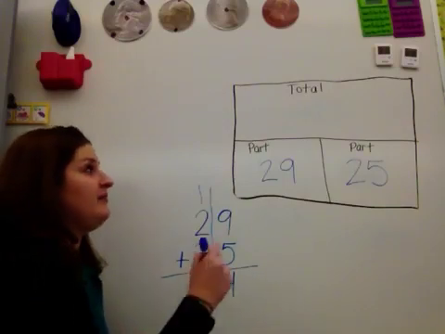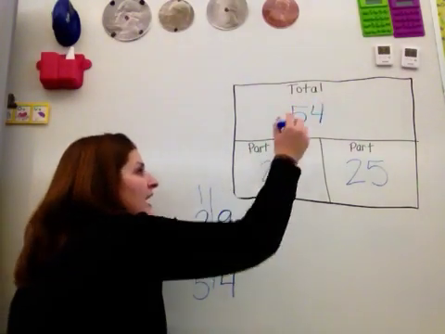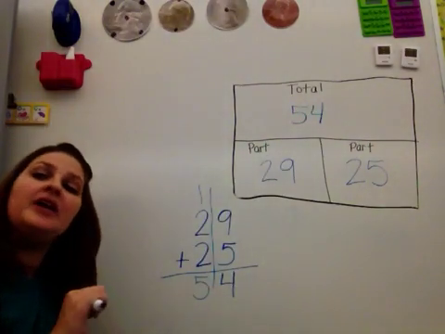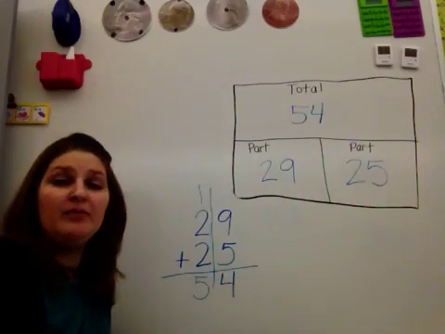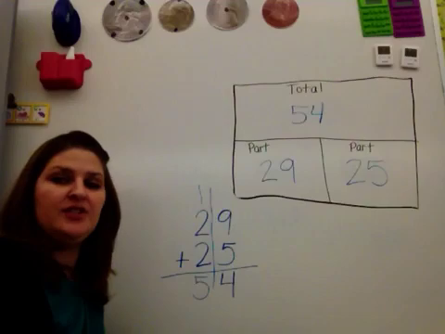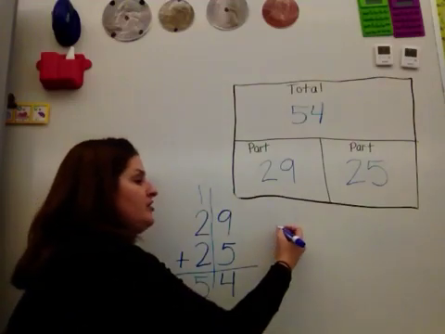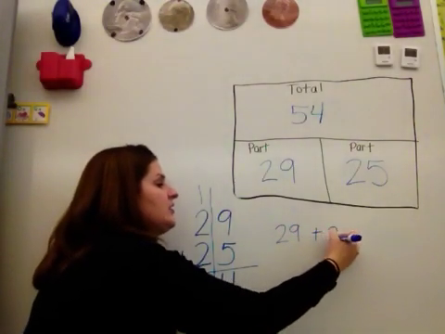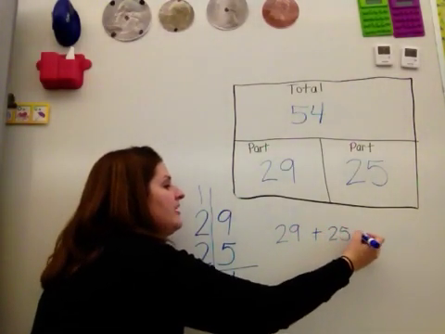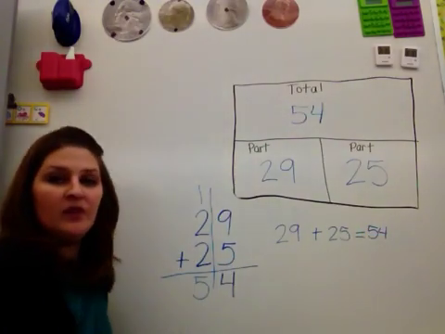Now the next step is to write that in the total. And now you need to tell me the number model. Remember, the number model is what we did to solve this problem. Our number model should be 29 plus 25 equals 54.